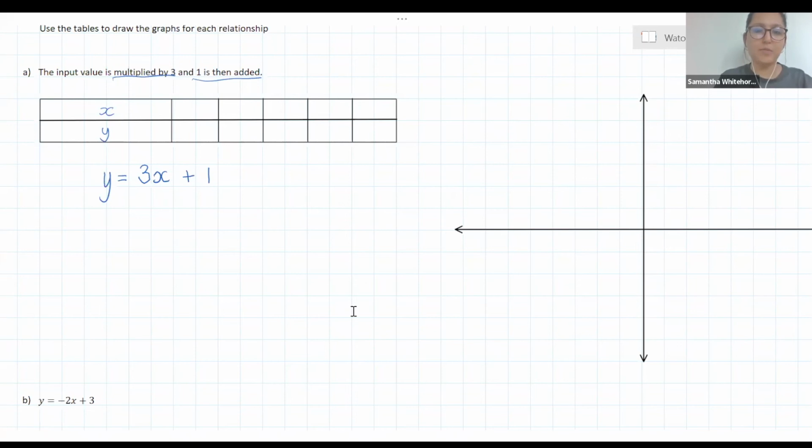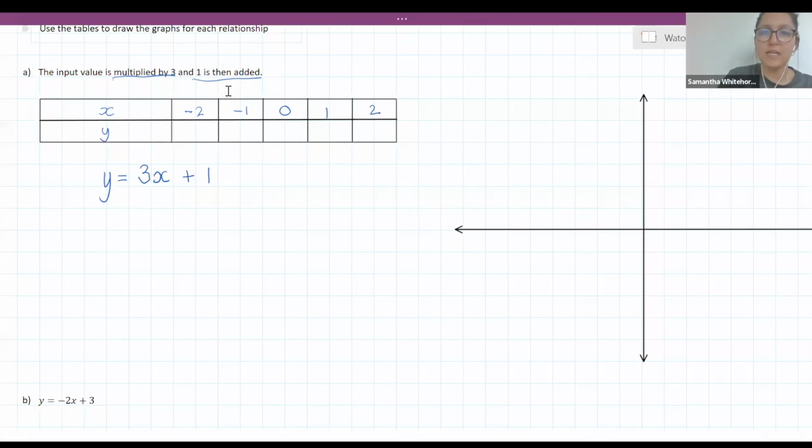So I'm going to pick some input numbers here for us. I'm going to go -2, -1, 0, 1, 2. And I want you guys to take these just like we were doing earlier, and go and work out what the output numbers are. I'm going to give everyone a chance. Remember, what we do is we take our input.